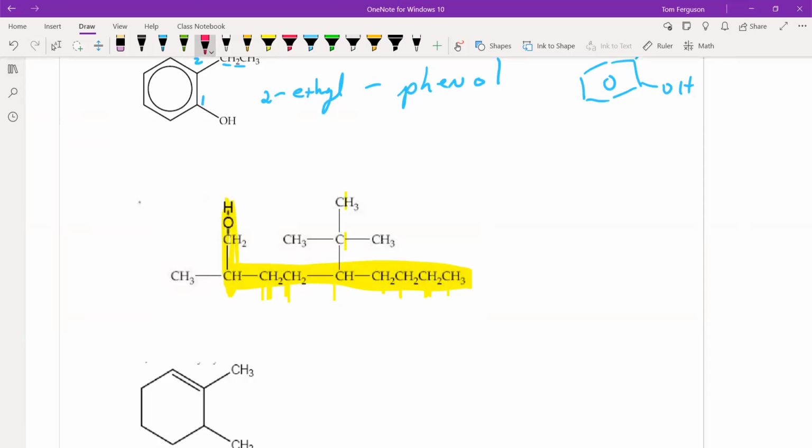So we have a nonol, and that exists on carbon number 1. And we have 2 branches. We have a methyl group, carbon number 2, and 2, 3, 4, 5, and a T-butyl group at carbon number 5.